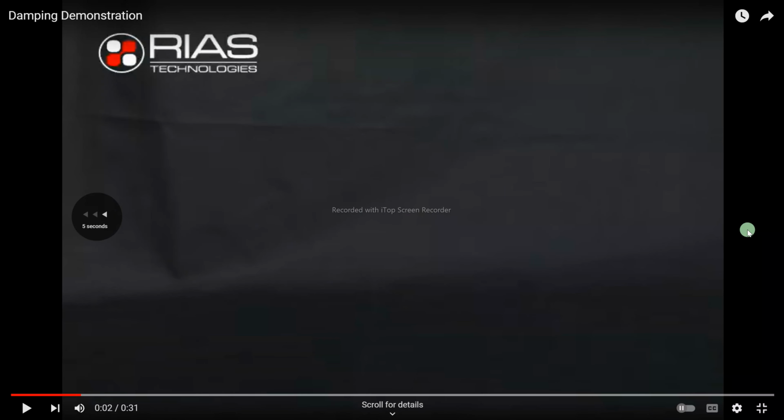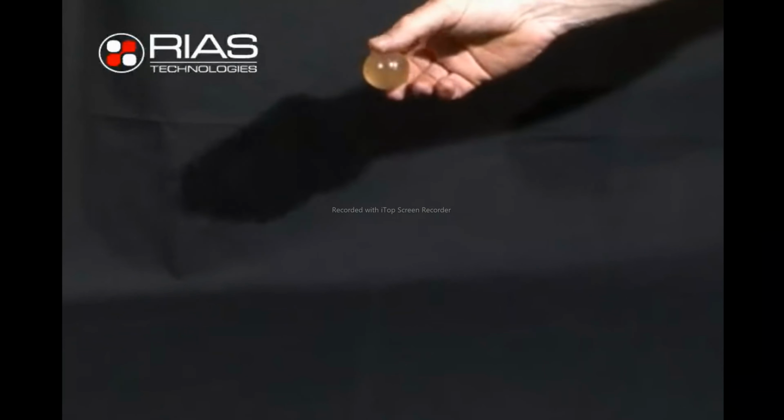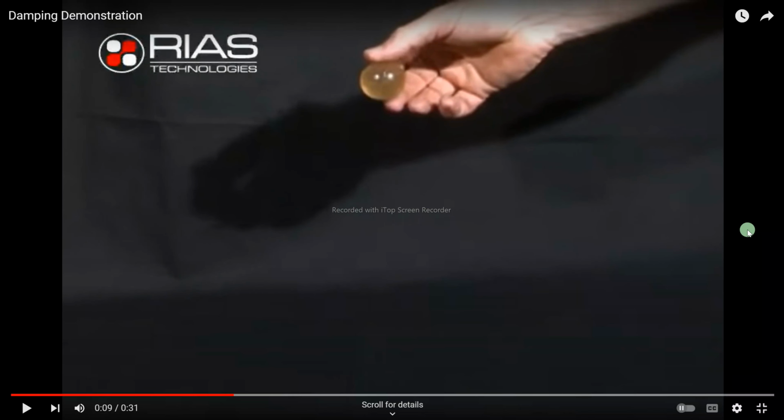If you notice, upon releasing there is energy and there is an oscillation like that one, and the bouncing of the ball slows down until it comes to rest.